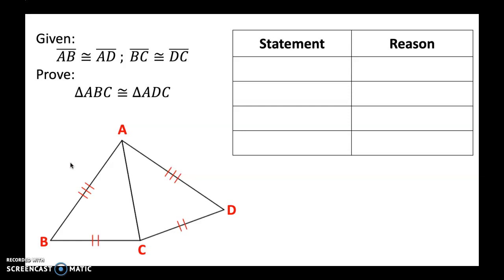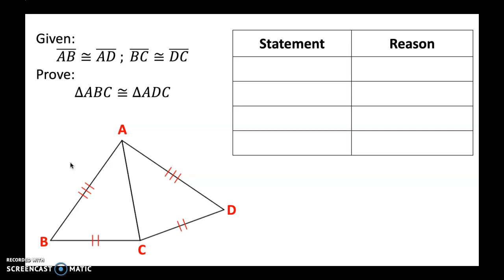But using the postulates and theorem, we only need to prove three parts: the SSS postulate, the SAS postulate, the ASA postulate, and the SAA theorem.